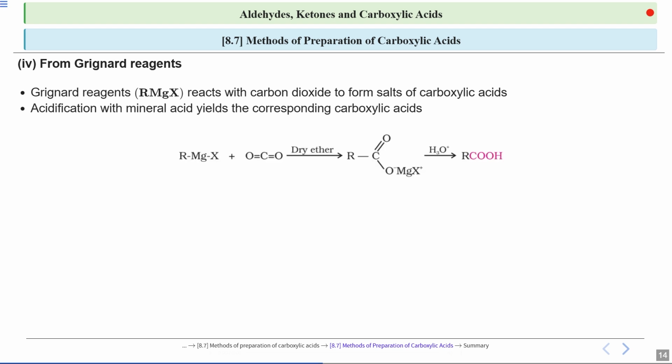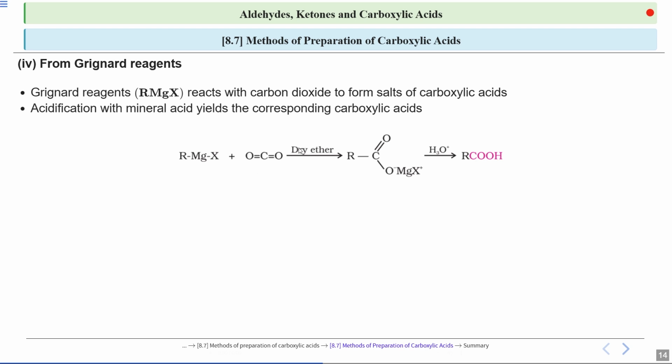Now if you look at this particular reaction, you have a Grignard reagent which is RMgX. When you treat it with CO2, that is carbon dioxide, you're using dry ether. Dry ether prevents the destruction of the Grignard reagent by water, because Grignard reagent is highly reactive.